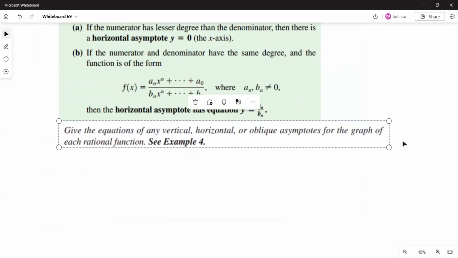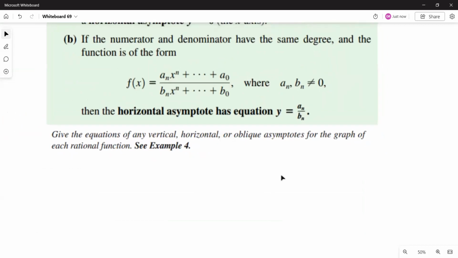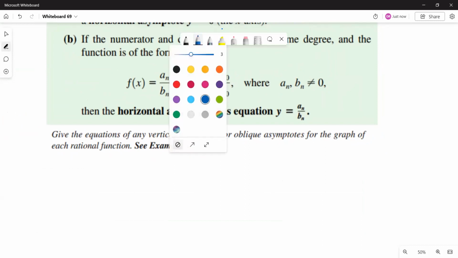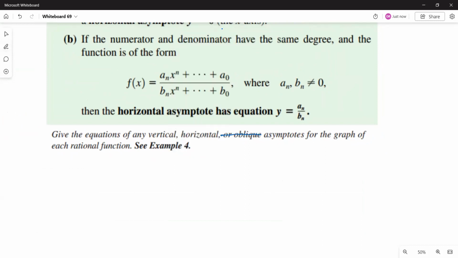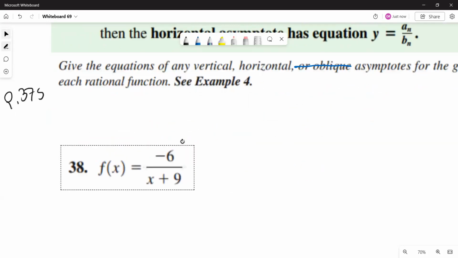Give the equations of any vertical or horizontal asymptotes. We're not doing the oblique asymptote. That's not in the homework, and I'm not going to do it in the examples. Number 38, on page 375. That's -6 over x plus 9.